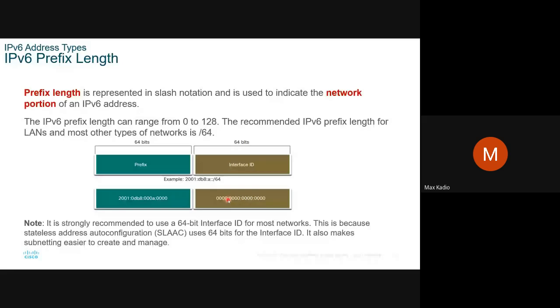So here AB is the prefix, and 01 for Daniel, 02 for Denise, 03 for Christina, and 04 for Mr. Juan Molisho. So if you see AB, this IP comes from Mr. Max, because we all have AB, and this one I assigned to you.